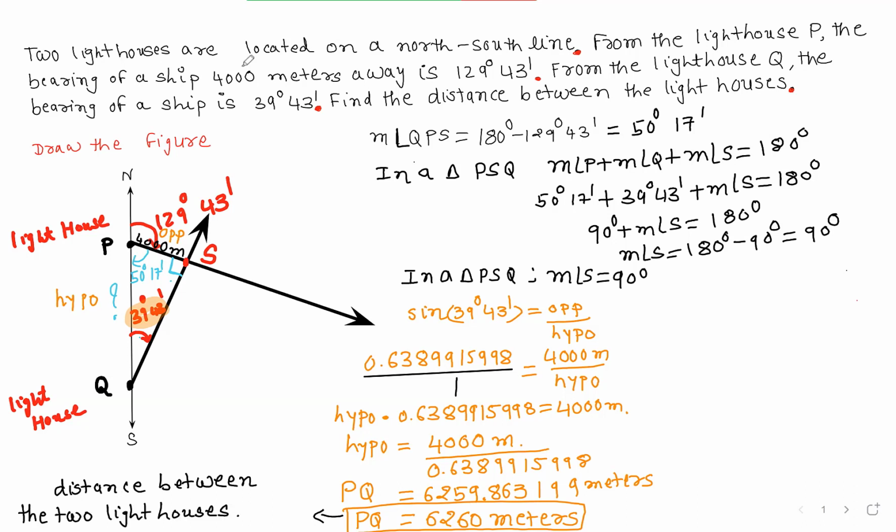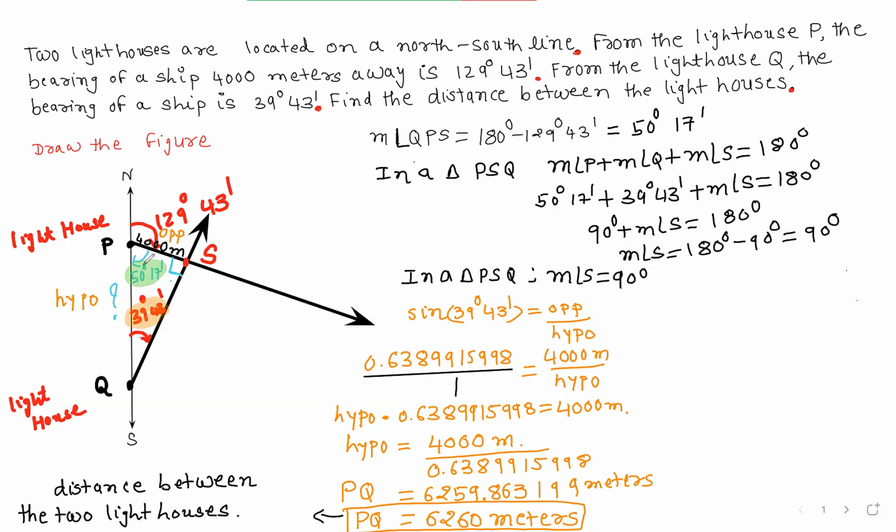Now, one more observation. Someone says that, no, I do not want to use this angle. I wanted to use this particular angle. If you do that, then you cannot use sine because the opposite side is here and it's not given. So your only choice is to use this side, which is adjacent to this angle.